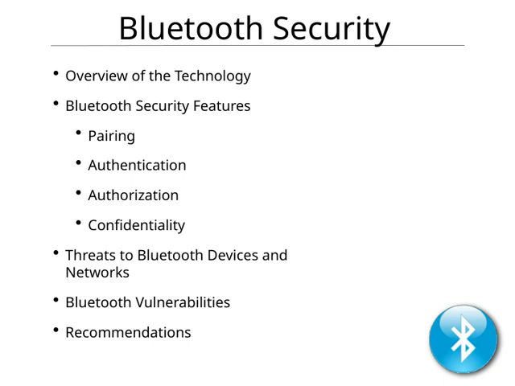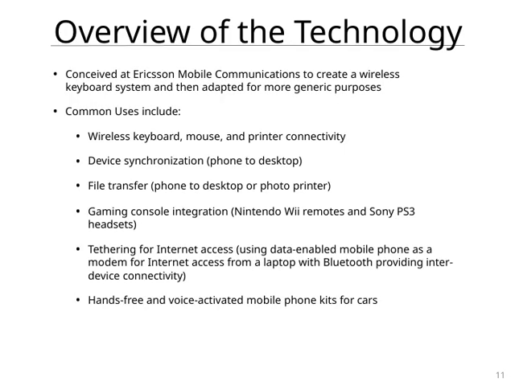Regularly updating device firmware, avoiding insecure pairing methods, and being cautious about connecting to unknown devices can significantly enhance Bluetooth security. Connecting all these points helps us understand that while Bluetooth offers convenience, maintaining security requires ongoing vigilance and proper management. Let's take a closer look at the overview of the technology.